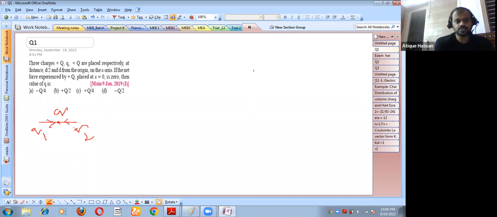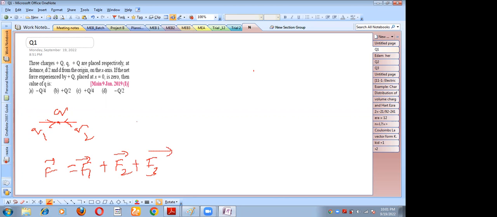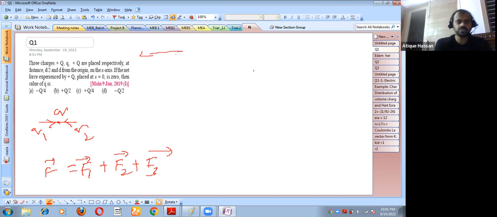That is called the principle of superposition. So if a number of charges are present, we take the vector sum of all the forces, right? This question is based on that, so try this question. This is a NEET 2019 question.